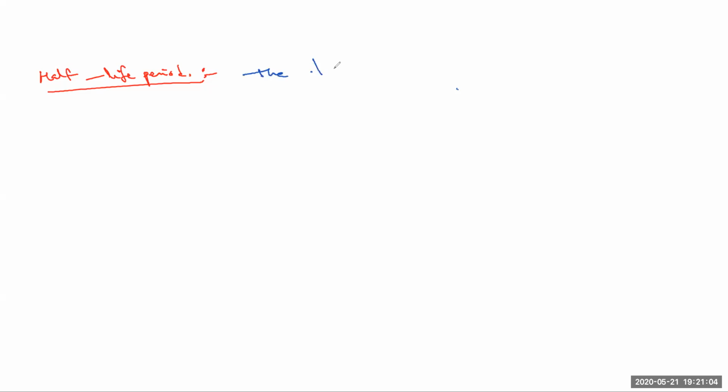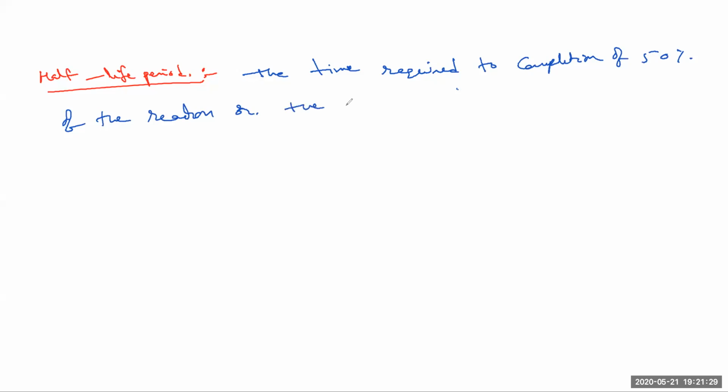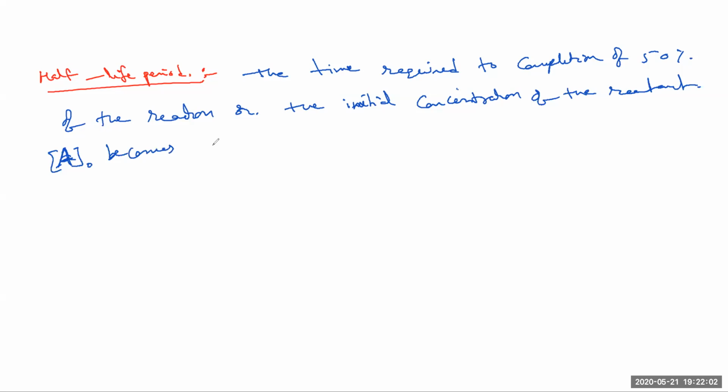The time required for completion of 50% of the reaction, or the initial concentration of the reactant A, or small a, let us consider small a, becomes A naught by 2 or A by 2.